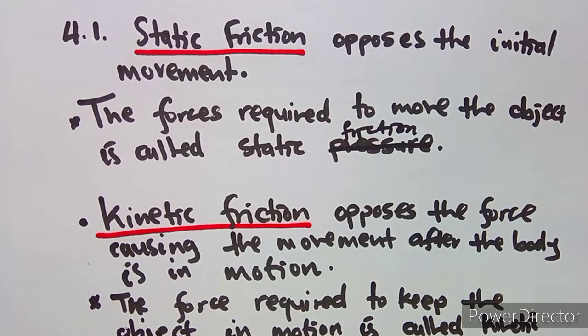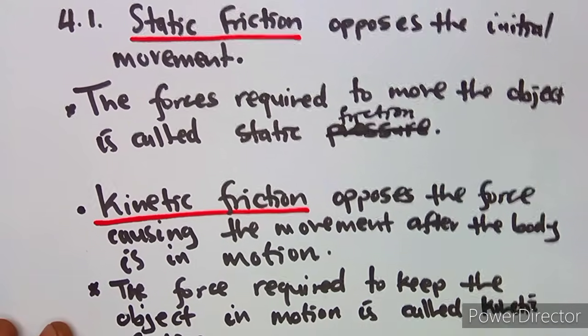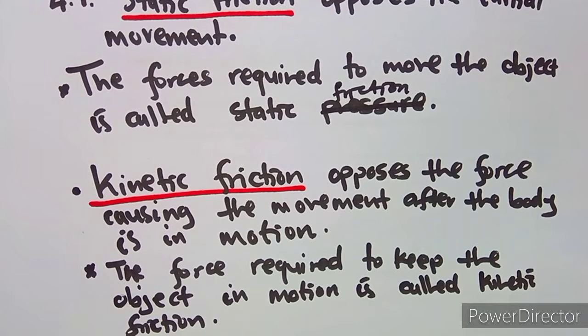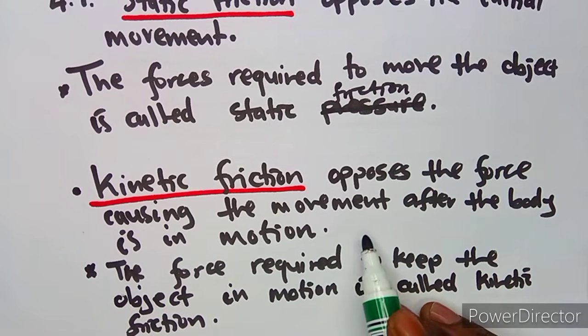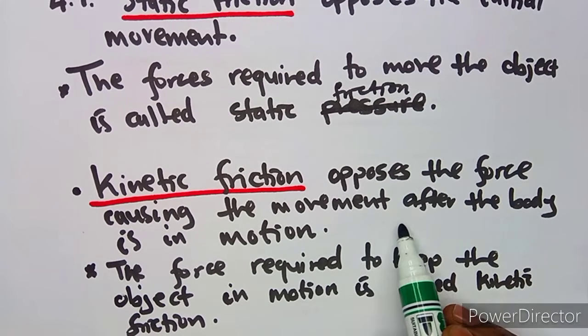Okay, this is static friction. And kinetic friction opposes the force causing the movement after the body is in motion. The force required to keep the object in motion is called kinetic friction. So for kinetic friction, there has to be movement.